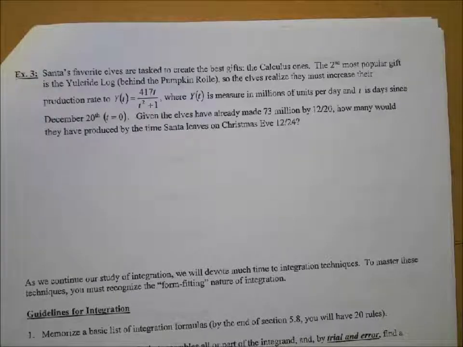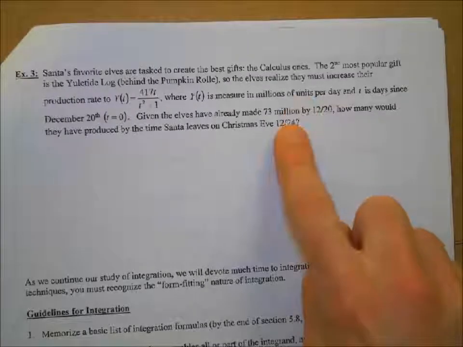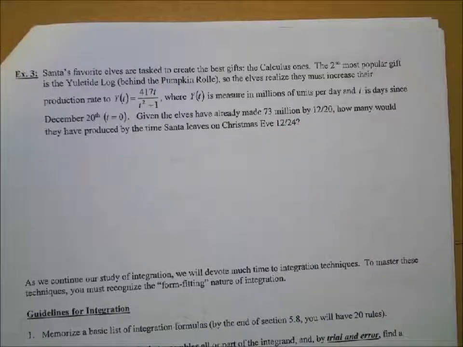So go ahead and set up your integral. Just get the setup. They already have 73 million by 12/20, which is when t equals 0. How many will they have by Christmas Eve, 12/24? Set this one up, and then I would like you to evaluate it by hand.